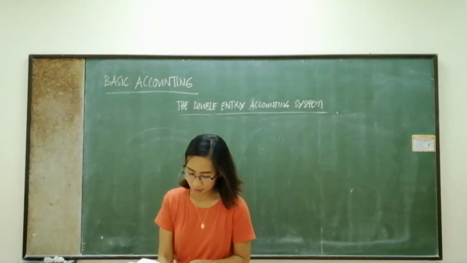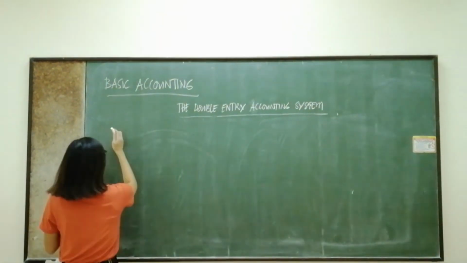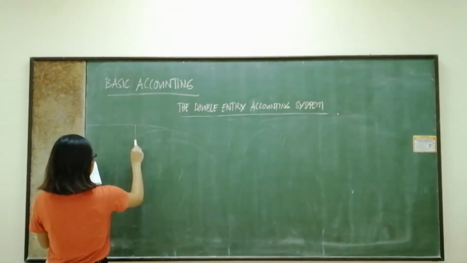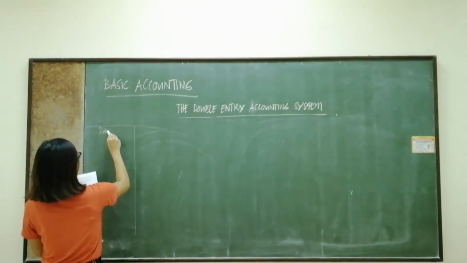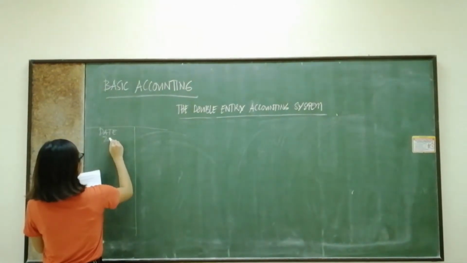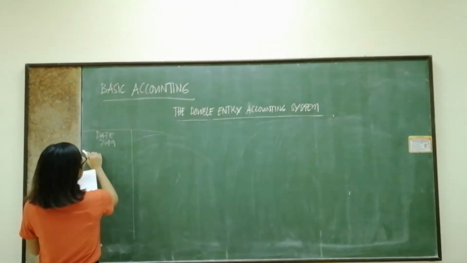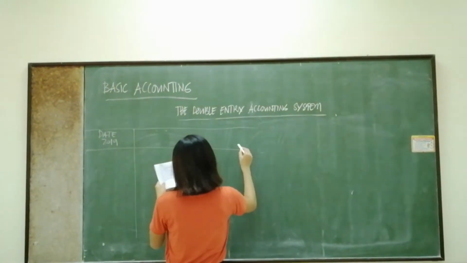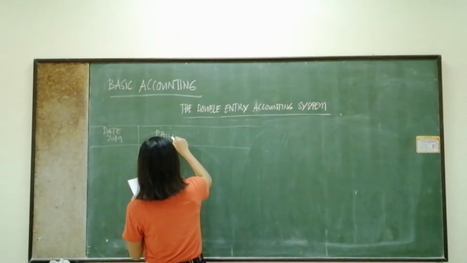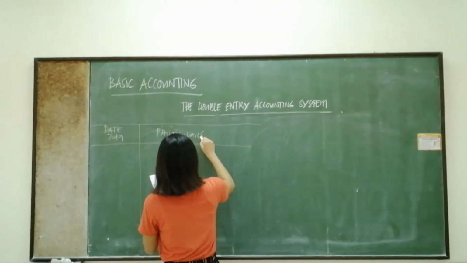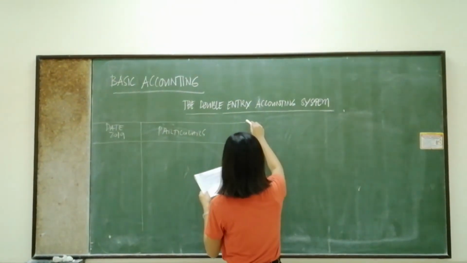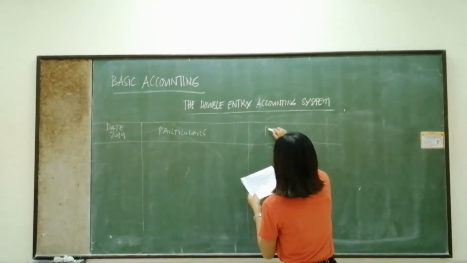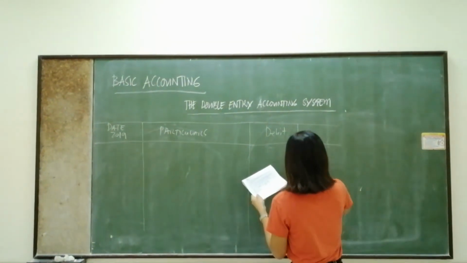So a journal or a journal entry shows the date of transaction, particulars, debit, and the credit side.